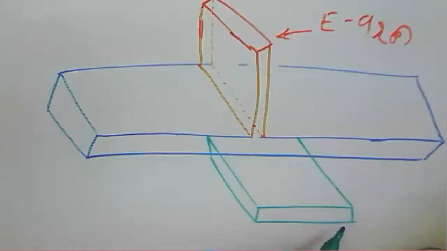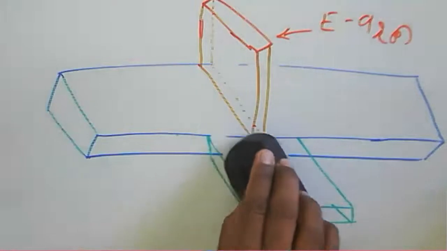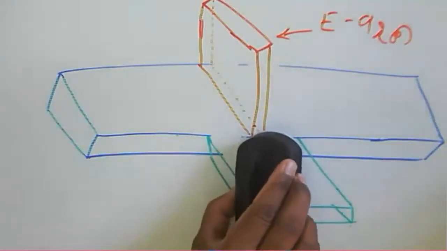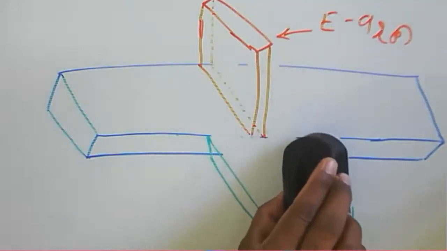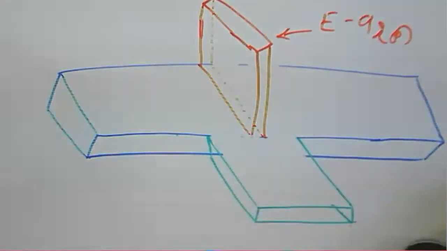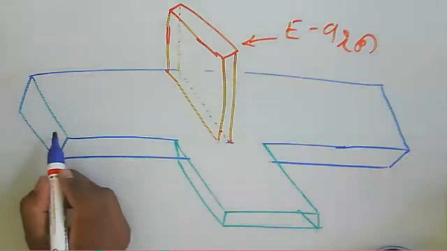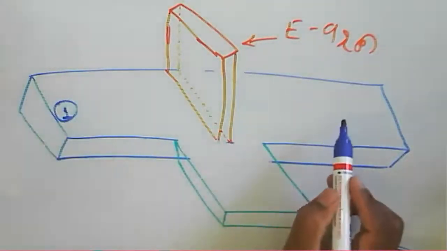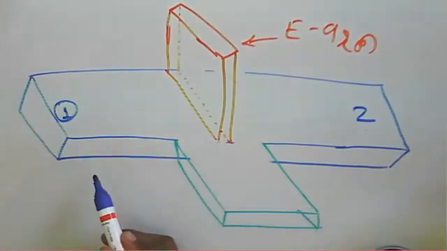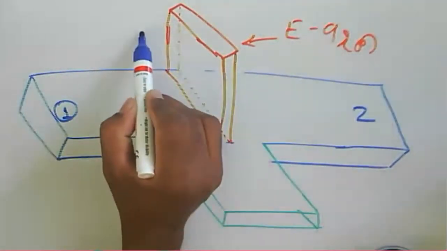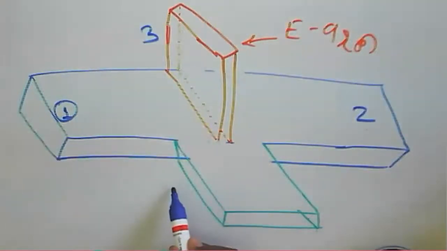So now this one is about the H arm here. If you see the figure here, this is a magic T. This is your main arm, port one, port two here, main arm here, and this E arm is considered the third port here, and that H arm is considered the fourth port.